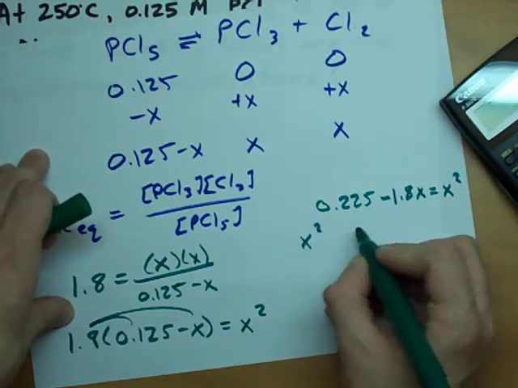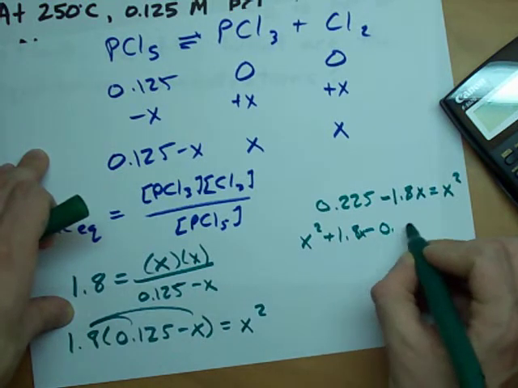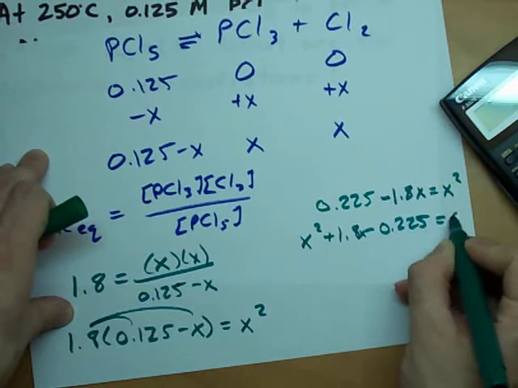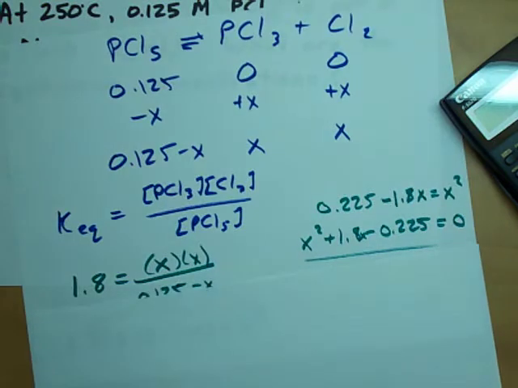And so if I move everything to the right-hand side, I end up, oh, I forgot my x. I end up with this quadratic equation that can only be solved with the quadratic formula. Who likes the quadratic formula? I certainly do. Let's do this.